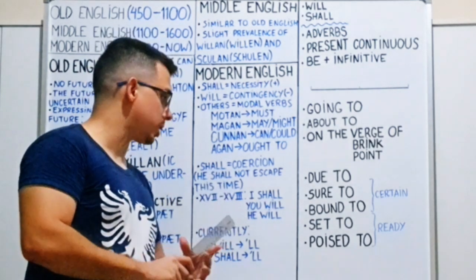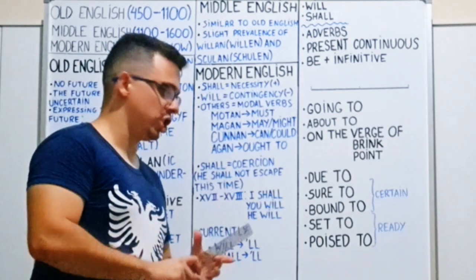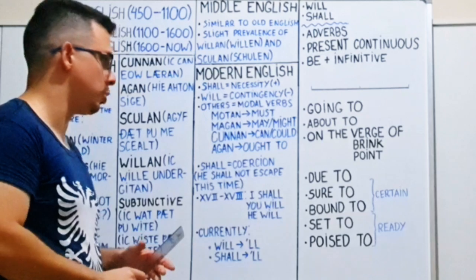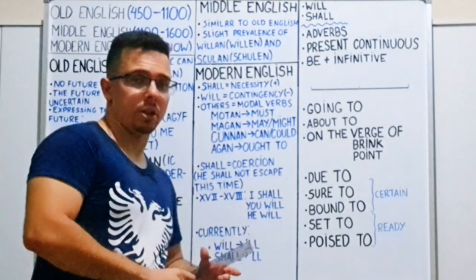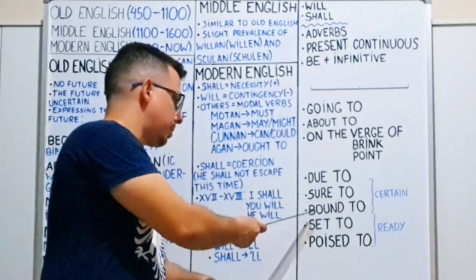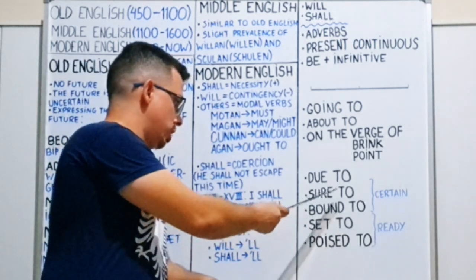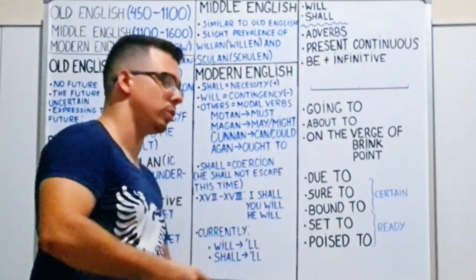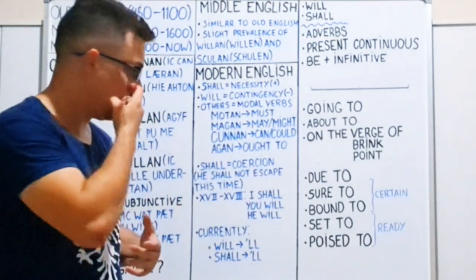Yeah, tragic. Or the conflagration or the floods are bound to damage some houses, right? Some houses. So "sure to," "bound to," it's related. They are related to the sense of certainty.